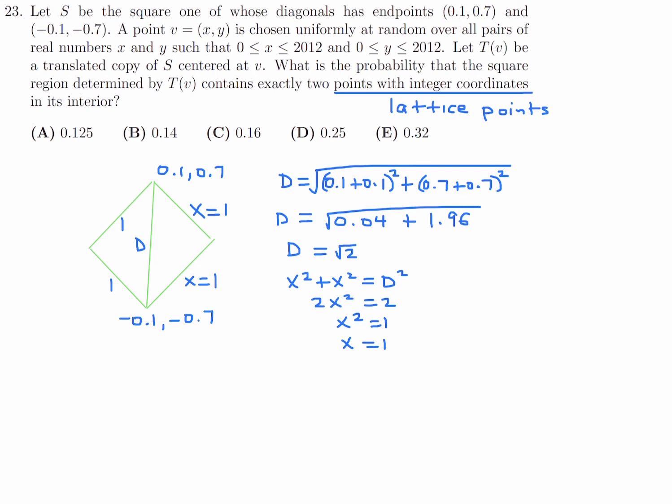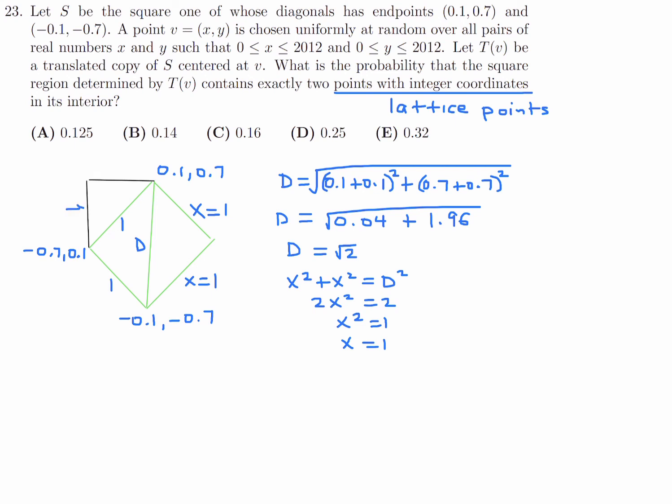Since this is a square, this point right here would be (-0.7, 0.1). So what I can do really quickly is draw a triangle like this. Not perfectly drawn to scale, but hopefully you'll get the gist of it.